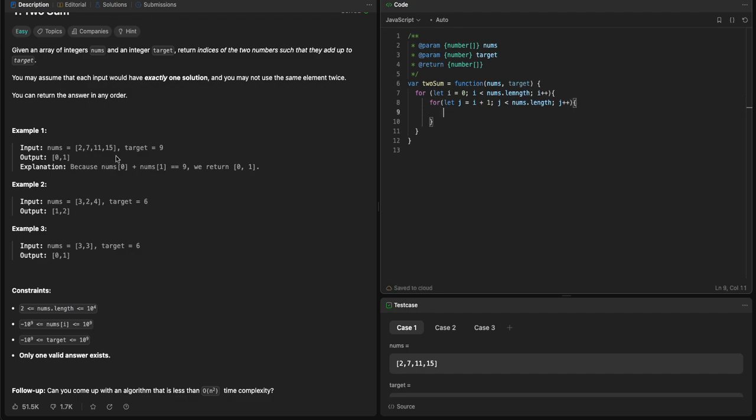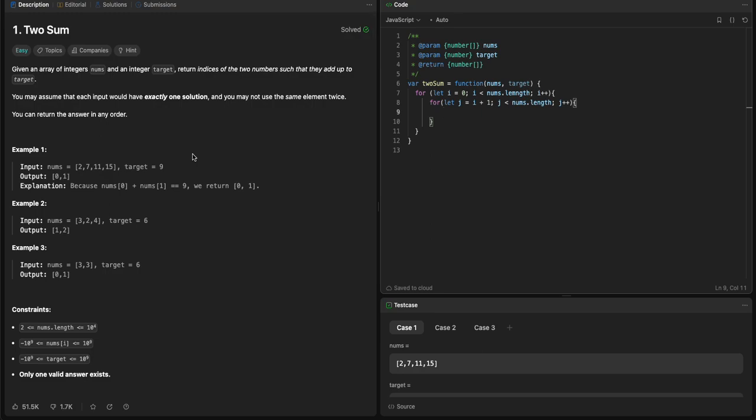So we want to say that if these two numbers add up to the target, return their indexes.